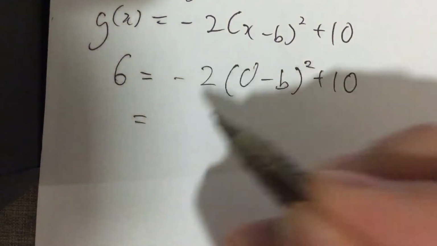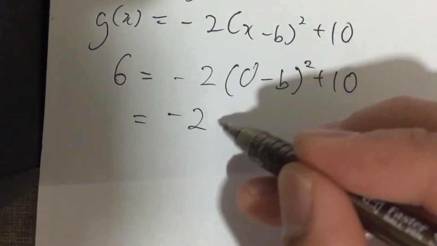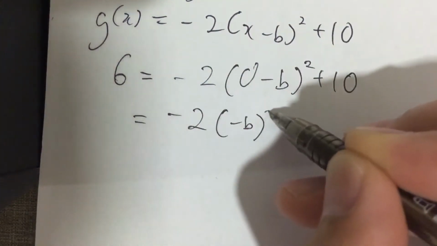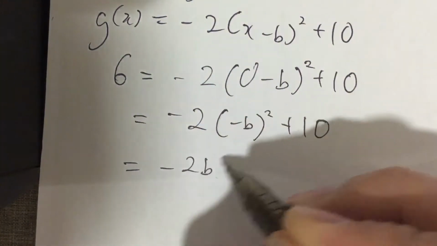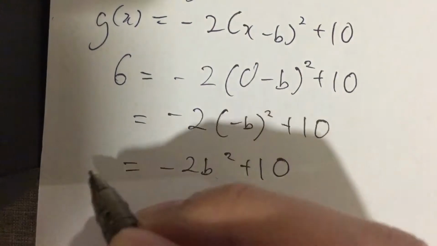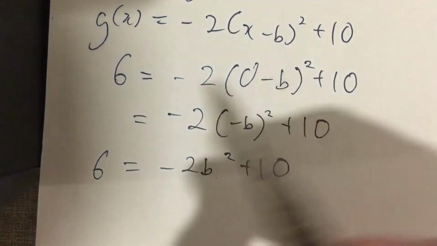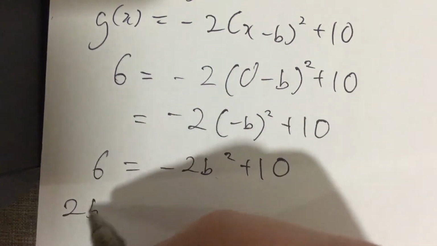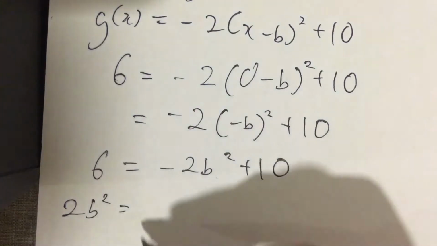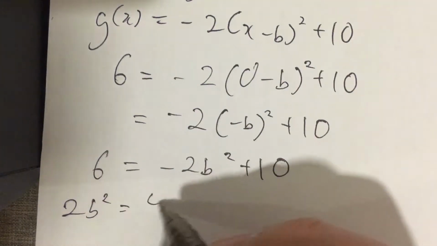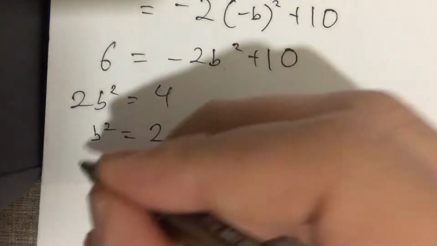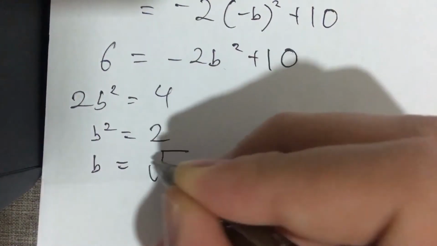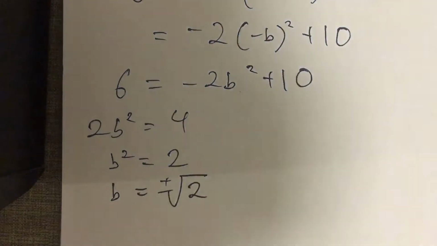Then you just do basic algebra: this becomes -2b² + 10 = 6. You shift over, it becomes 2b² = 10 - 6, which is 4, so b² equals 2, so b is the square root of 2.